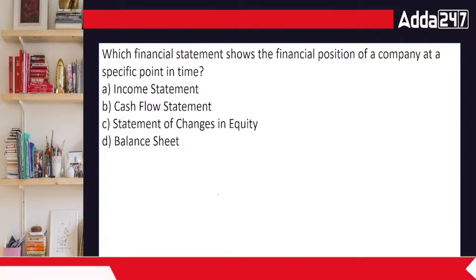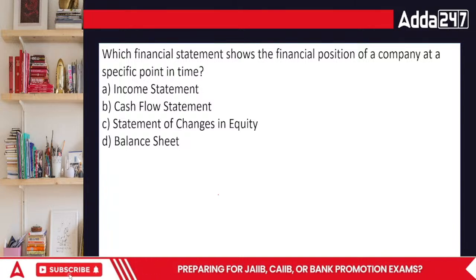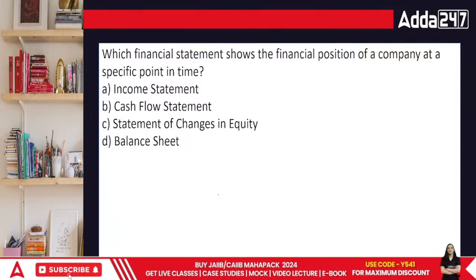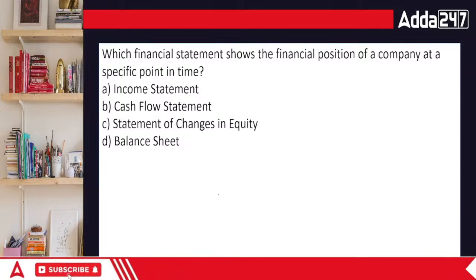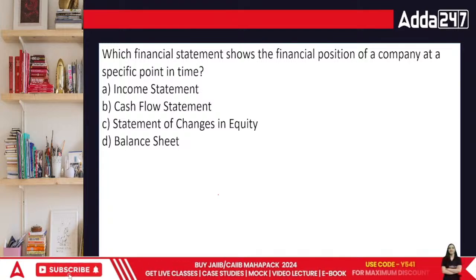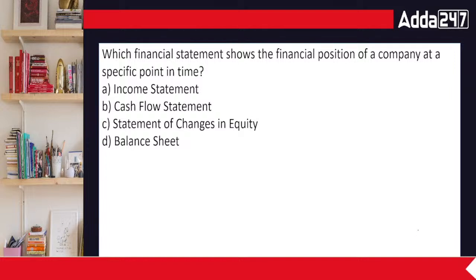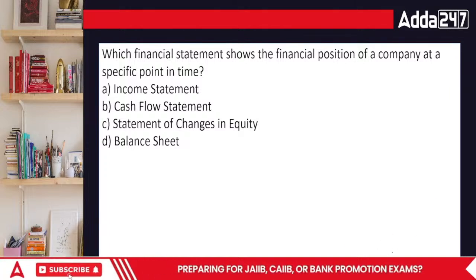Which financial statement shows the financial position of a company at a specific point of time? We're looking at a specific point of time, everyone. Income statement, cash flow statement, statement of changes in equity, or balance sheet. The financial statement that shows the financial position is also called the snapshot. If I just took a screenshot, that is a snapshot here.